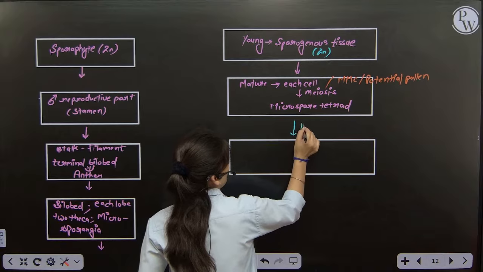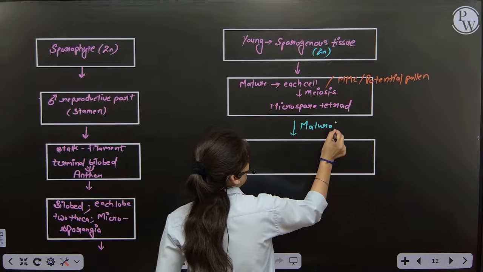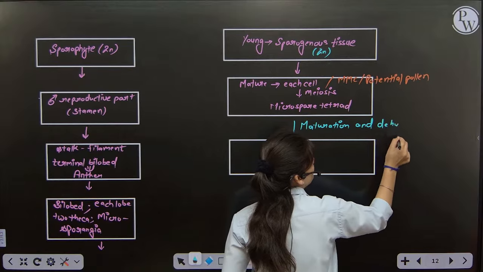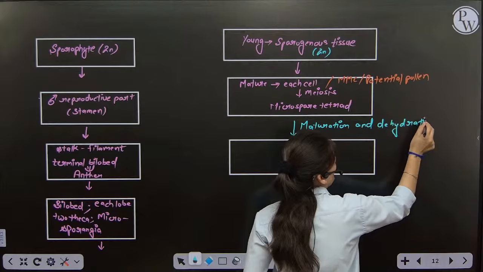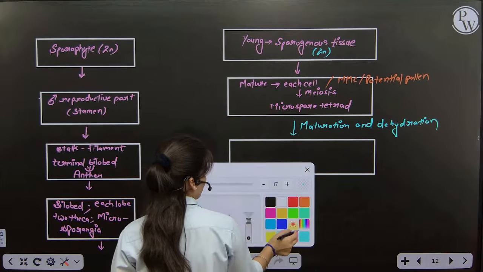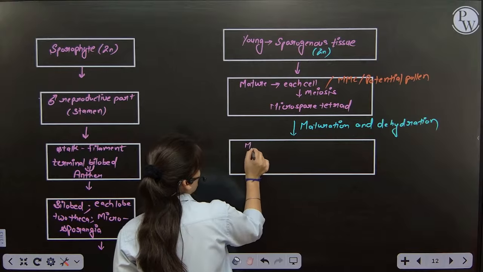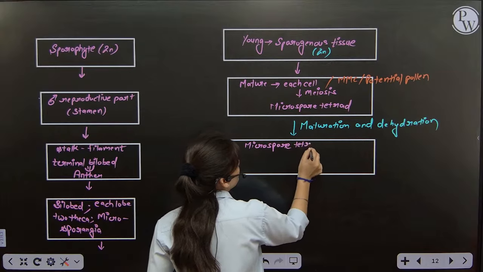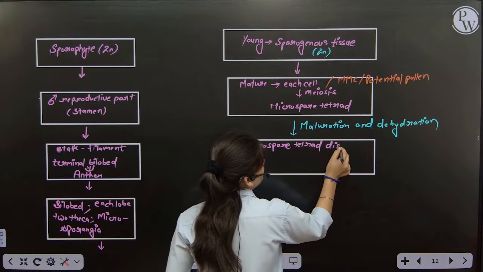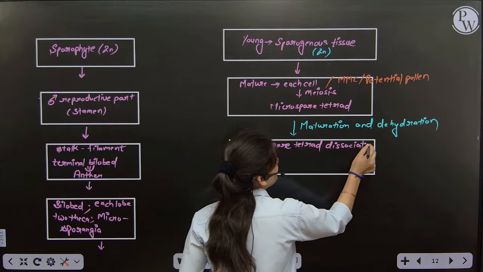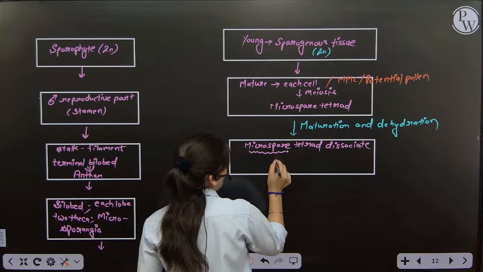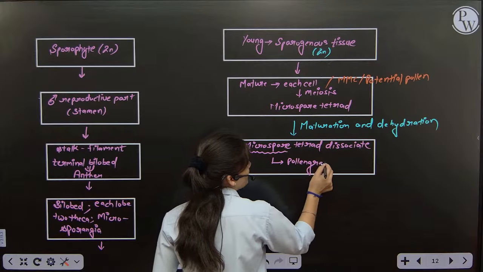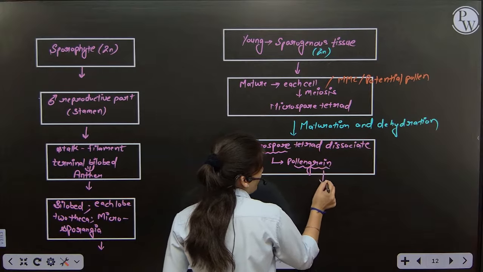On further maturation and dehydration, what happens? The microspore tetrad dissociates and each microspore develops into a pollen grain, which is the male gametophyte.